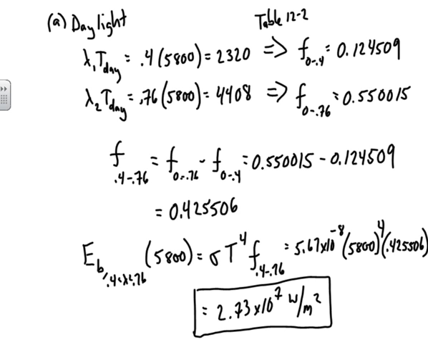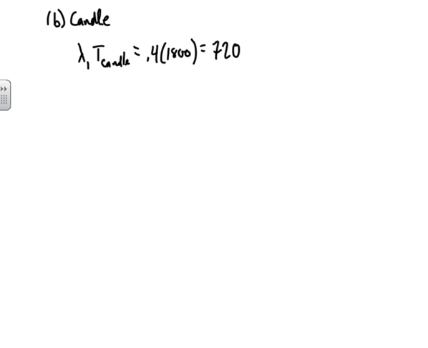So that's part A. We'll just do the same thing for part B, which is for candlelight. We have lambda 1 times T candle, which is 0.4 times 1800, equal to 720. Then lambda 2 times T candle is 0.76 times 1800, equal to 1368.